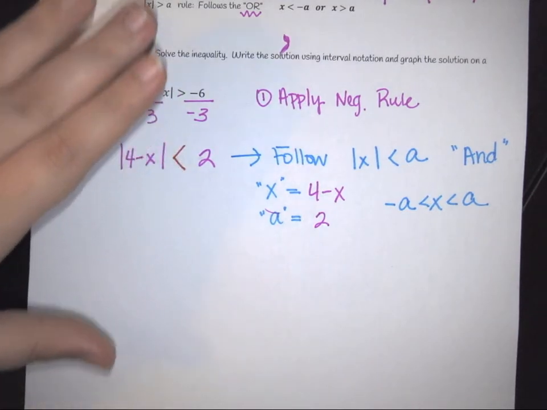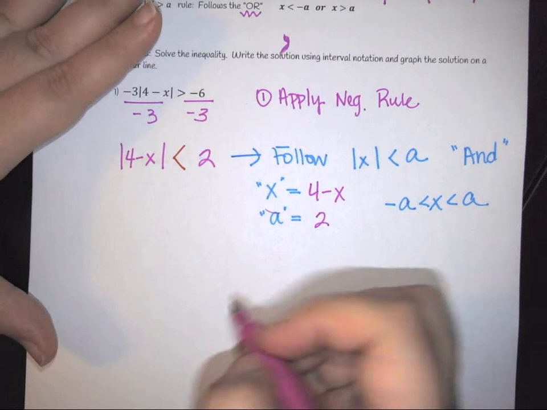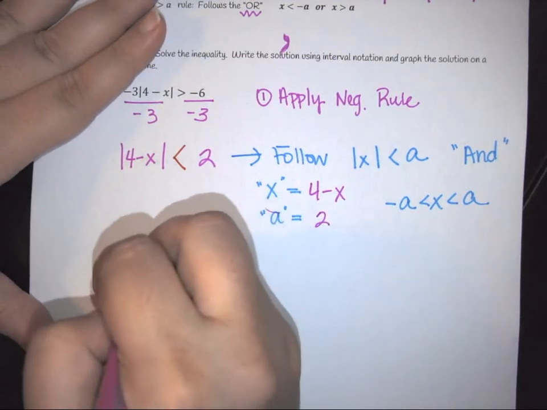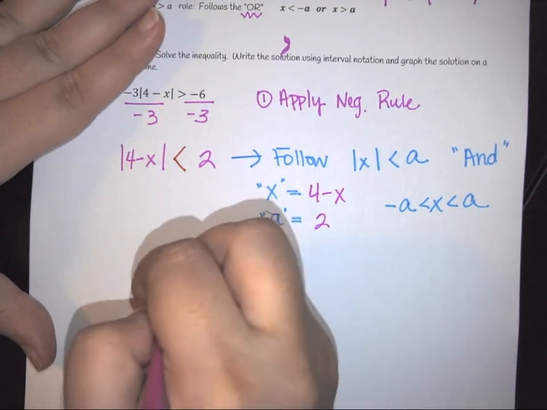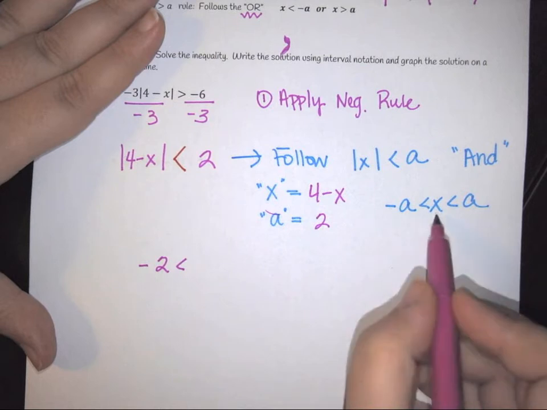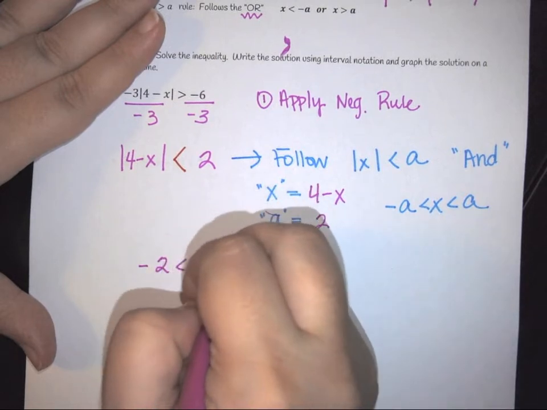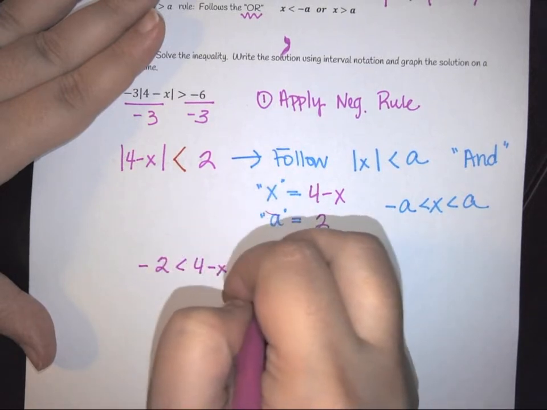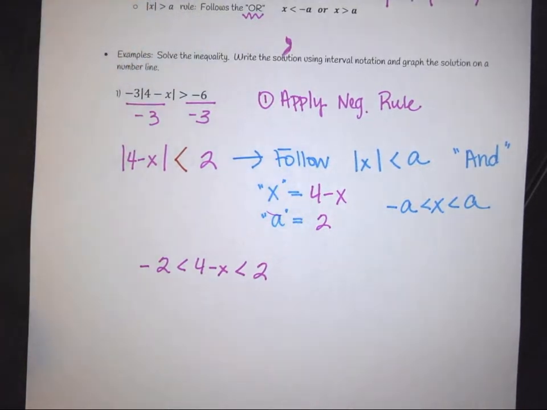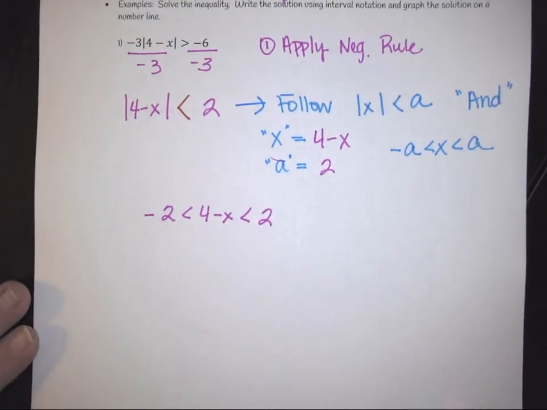So my inequality says that I have negative 2 is less than my x, which in this case was 4 minus x, is less than the positive 2. Okay? So this is the hardest part, being able to navigate your absolute value and then get it into its proper form so that you can then simply solve your inequalities.